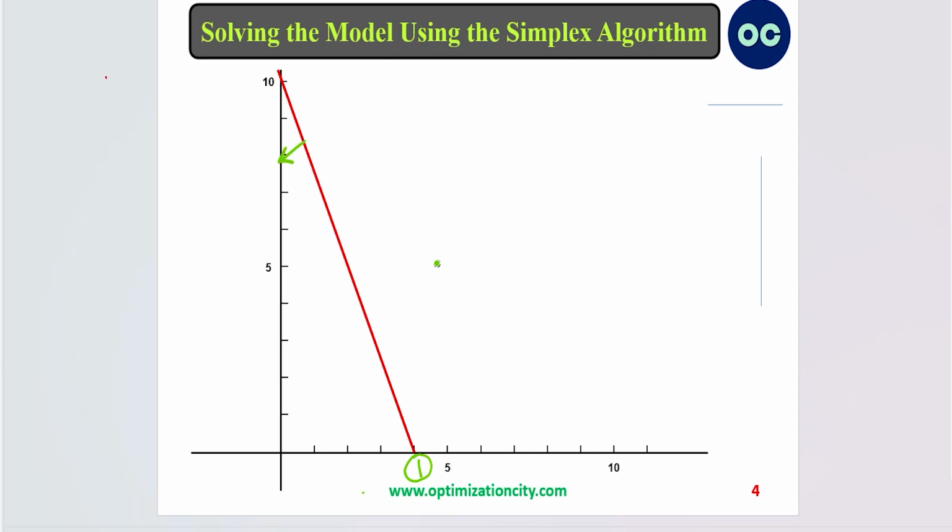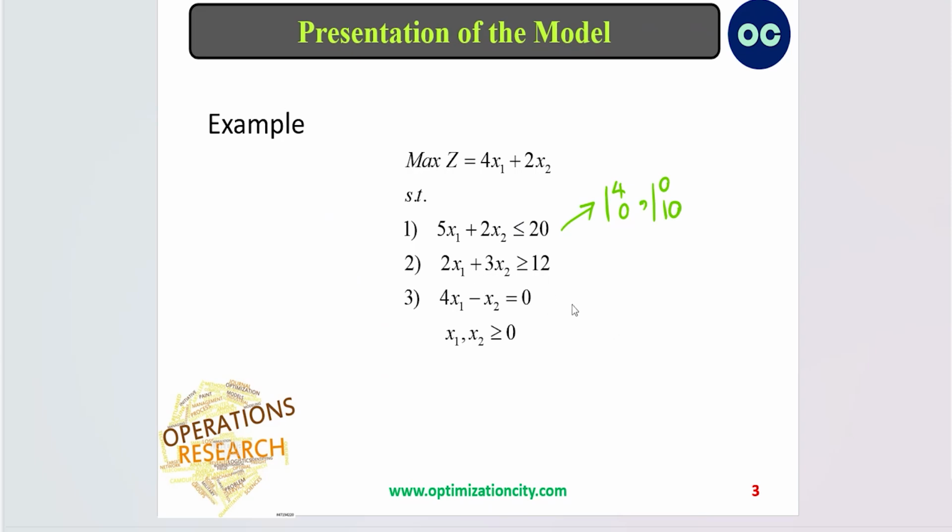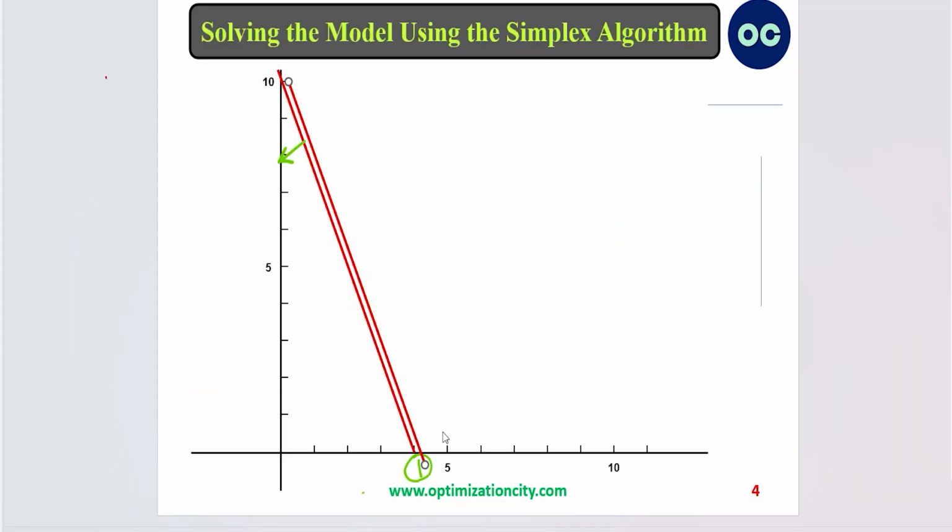The second constraint is plotted using points 6, 0, and 0, 4.